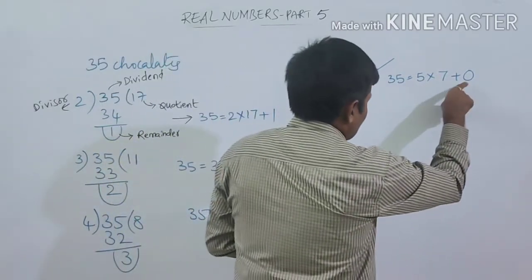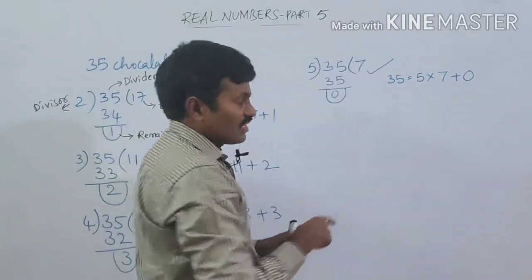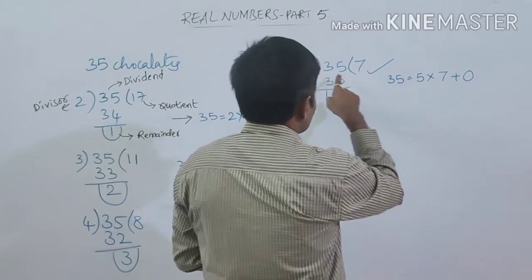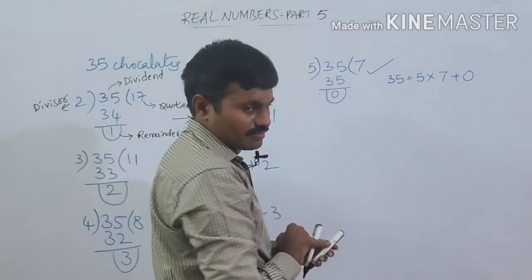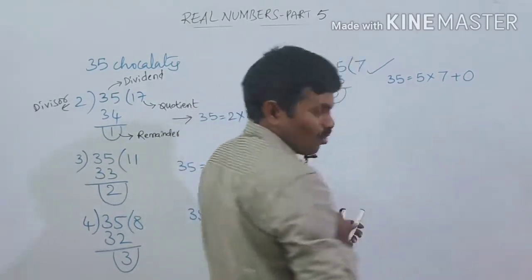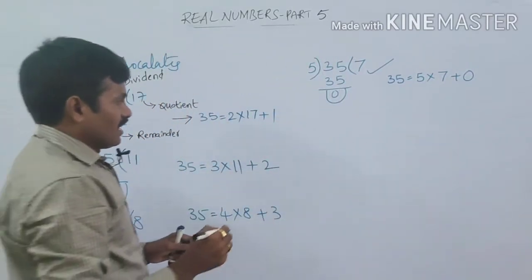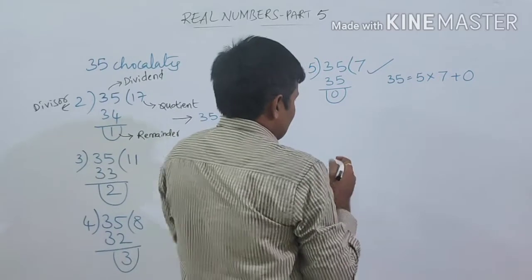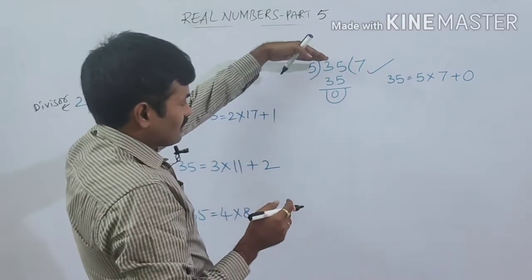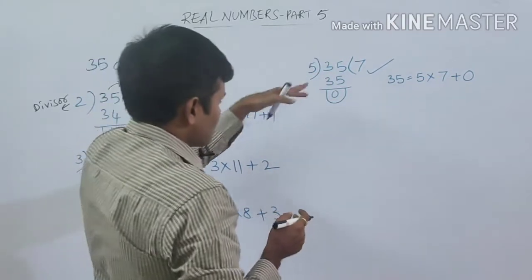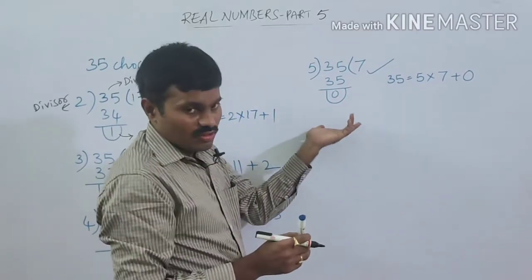In this case, we got remainder 0. Here, 35 is the dividend and 5 is the divisor, 7 is the quotient and 0 is the remainder. What can we conclude from this?